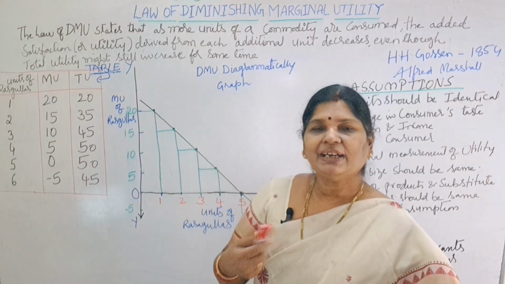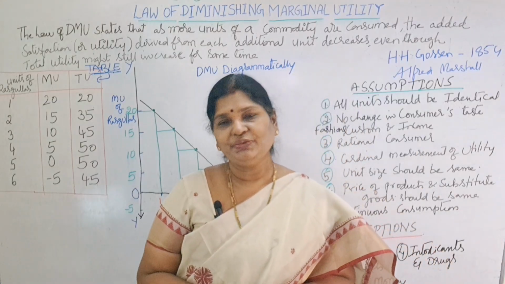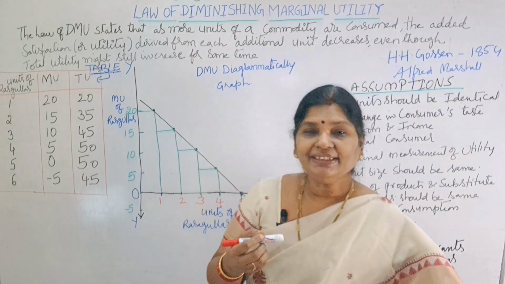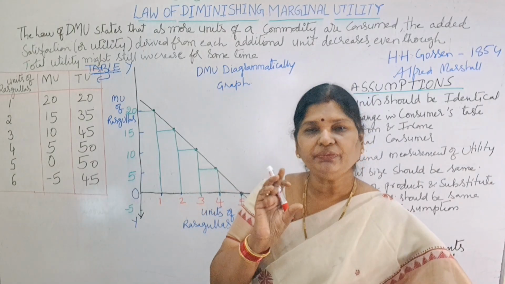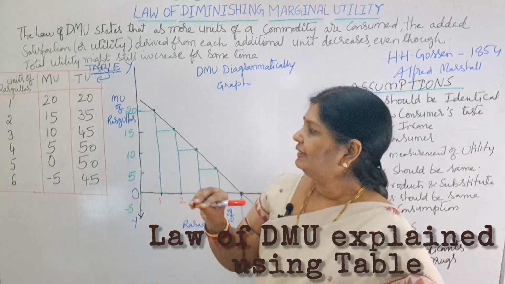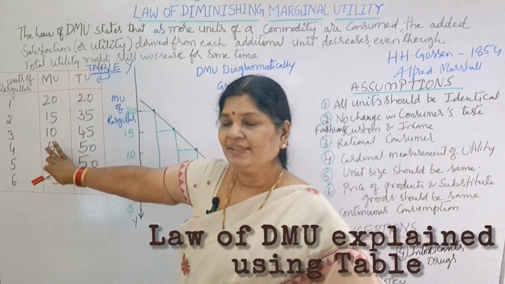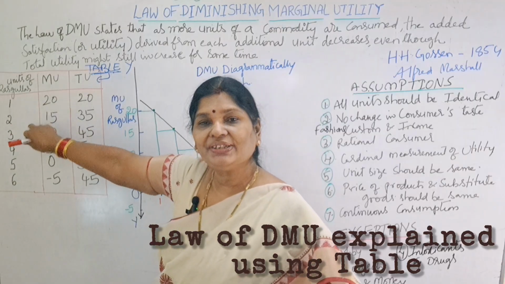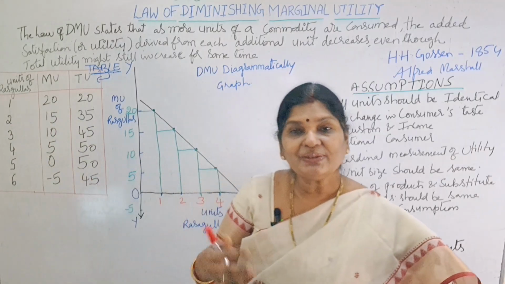Say, for example, you have attended a marriage function, and in that function, they served nice rasgullas, which you like very much. So, using that rasgulla example, I will explain this table. In this table, we have taken three columns. What's the first column? Units of rasgullas, meaning how many rasgullas you are eating.